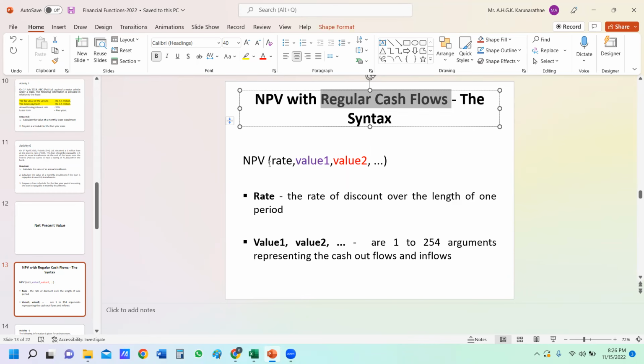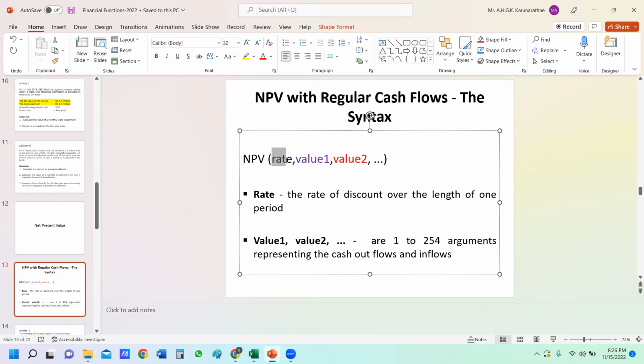Right. This formula has two variables: the rate and the values. Here the rate is the discount rate or cost of capital. Then you have value 1, value 2. You can go up to 254 arguments, but in most cases we will just apply one value.